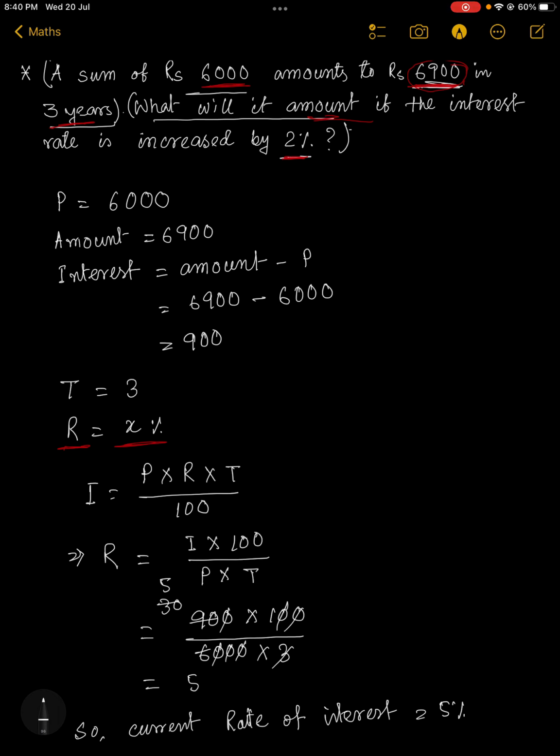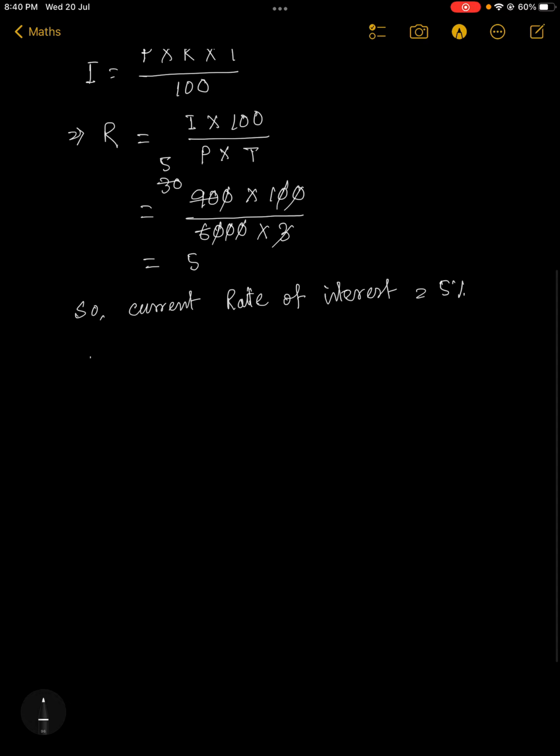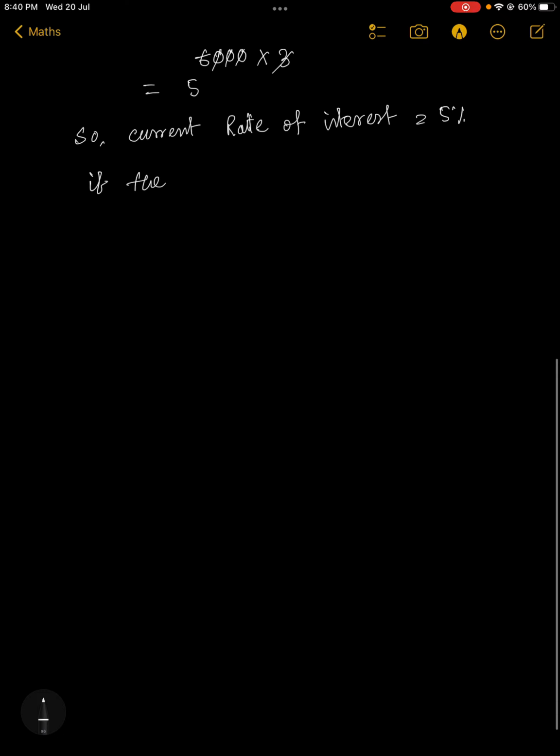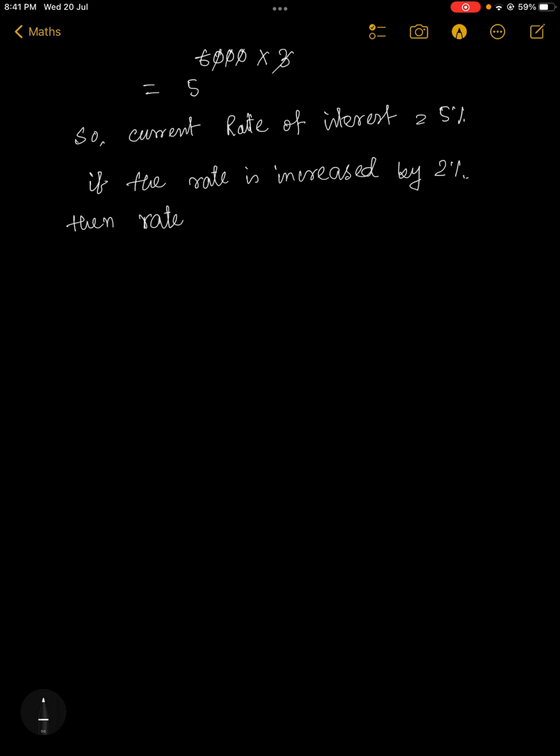Now come to the second part: what will it amount to if the interest rate is increased by 2%? If the rate is increased by 2%, then the rate will be 5 plus 2, that is 7%.